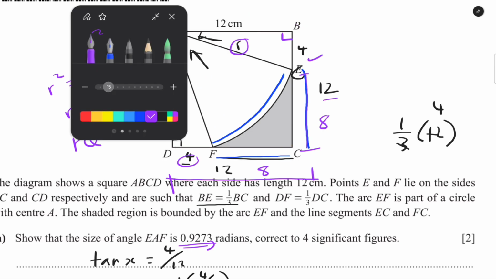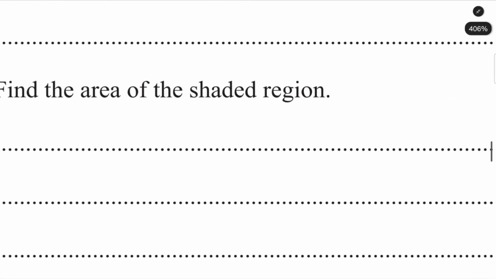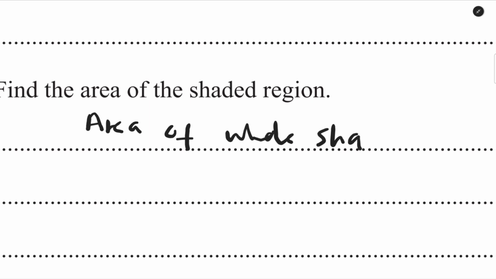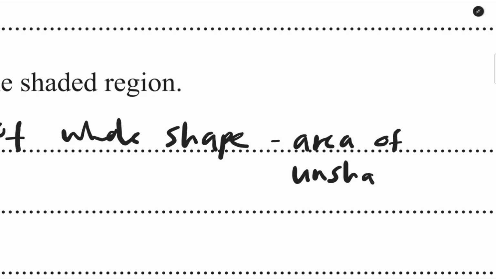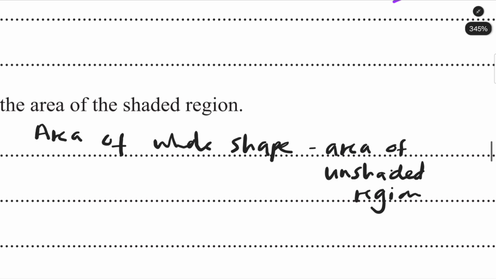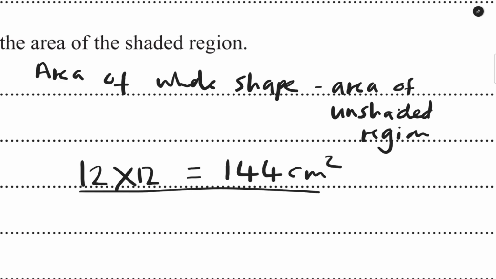So area of the shaded region equals area of whole shape minus the area of unshaded region. Area of the whole shape is 12 by 12, and this gives us 144 square centimeters.